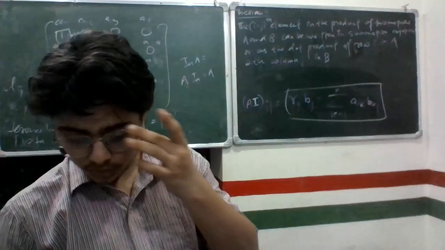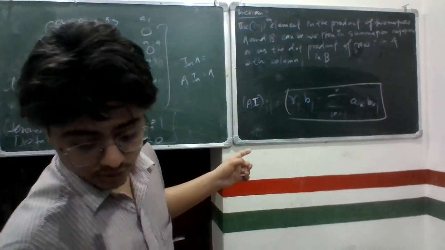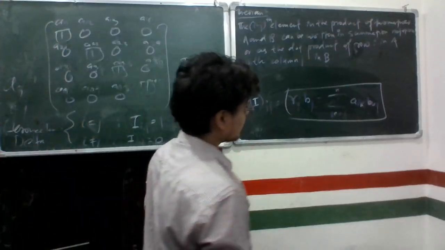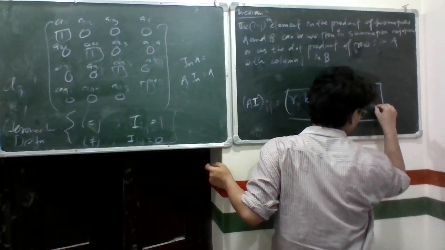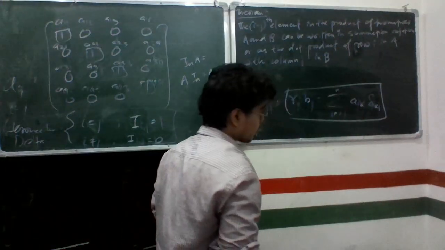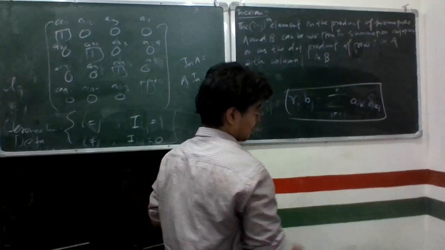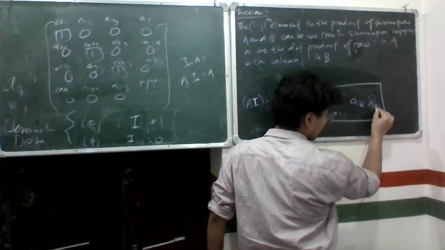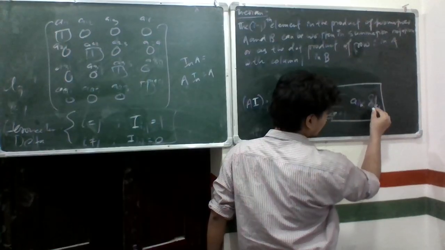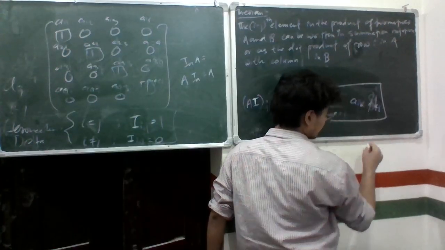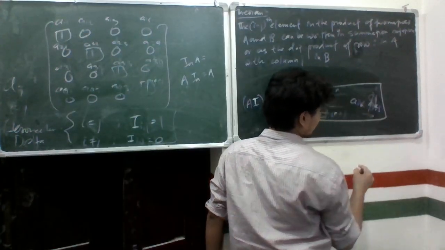So for accounting for that, we can write it as delta of kj. And when I say delta of kj, that means when k is equal to j, then only we can write it as 1. Otherwise it's 0.